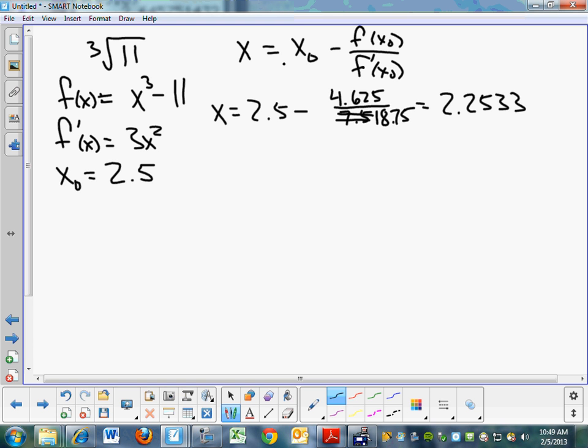So that narrowed it in pretty quickly. We have this young man over here who commented that he wanted 2.2 as a guess right away. I guess we're pretty close. So now we have a new guess. X is 2.2533 minus, if I take 2.2533 and plug it in, what do I get? 0.4408 over 15.2321.